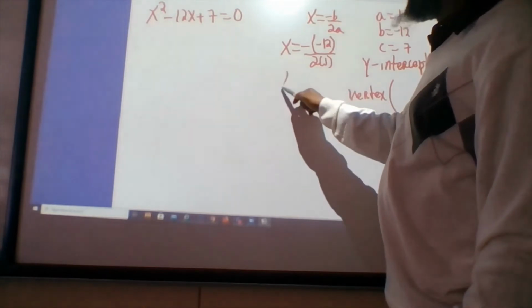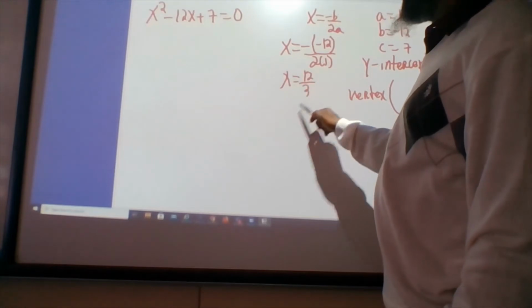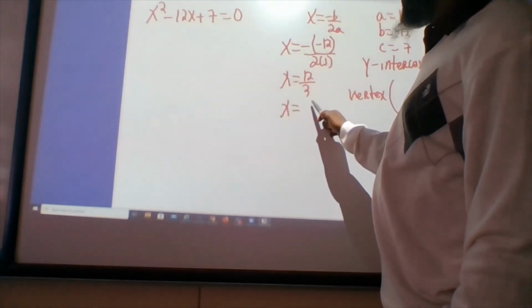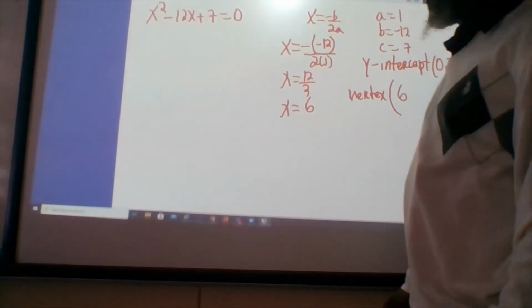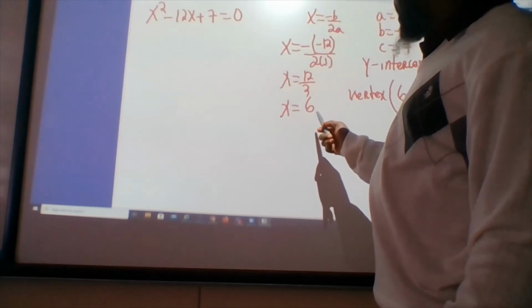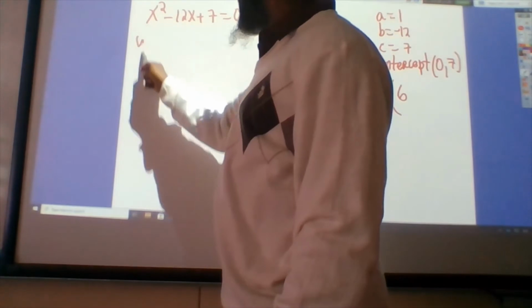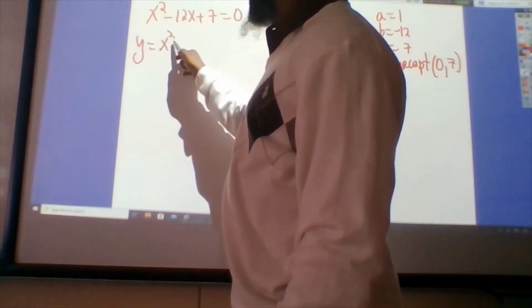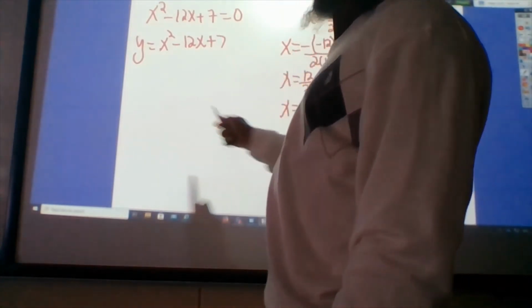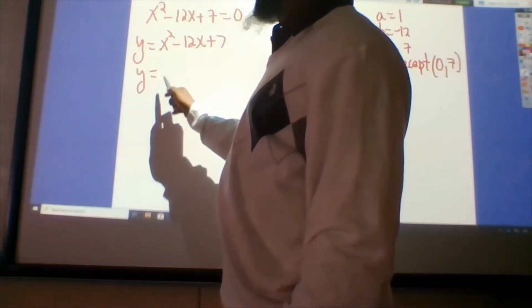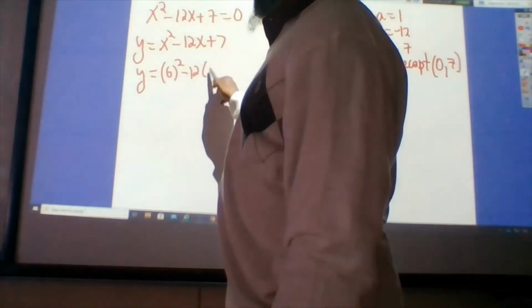Now I'm going to find the y-coordinate of the vertex. I'm going to take the x value of the axis of symmetry and replace it in the original equation. So y equals x squared minus 12x plus 7, and I know what x is: y equals 6 squared minus 12 times 6 plus 7. I will have y equal 36, then 12 times 6 is negative 72, plus 7.